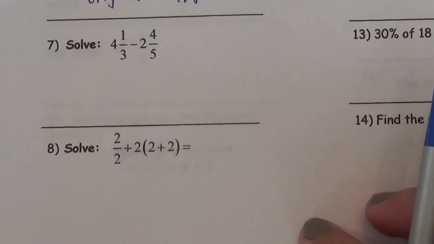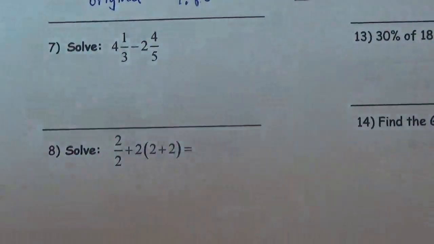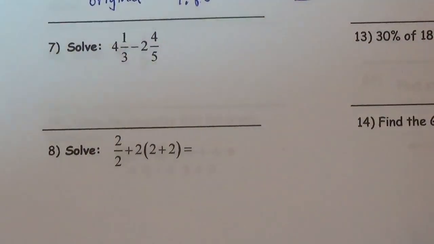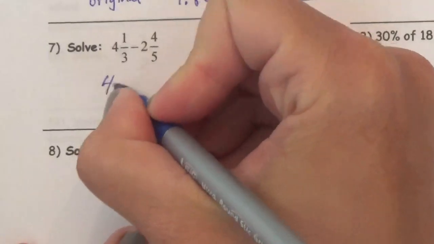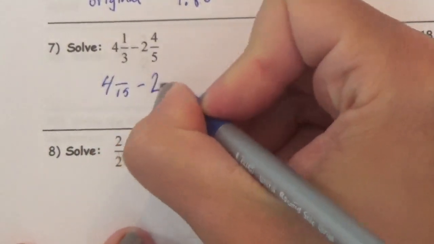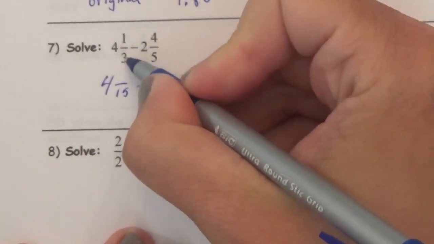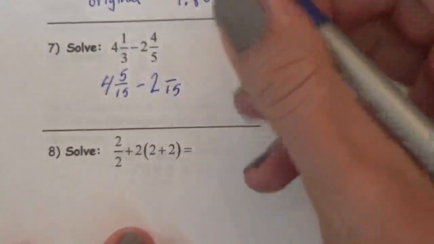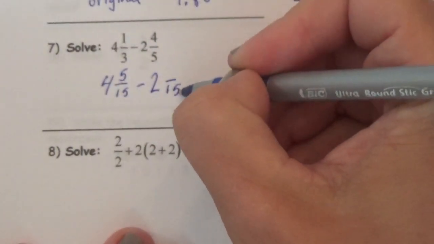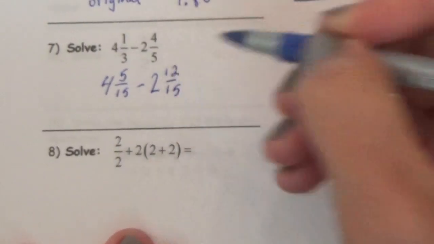All right, number 7. Again, if we had our calculator, you could just use the ABC, but let's just practice for the fun of it. So you need a common denominator. I'm going with 15. So 3 times 5 gave me 15, so 1 times 5 is 5. 5 times 3 gave me 15, so 4 times 3 is 12.